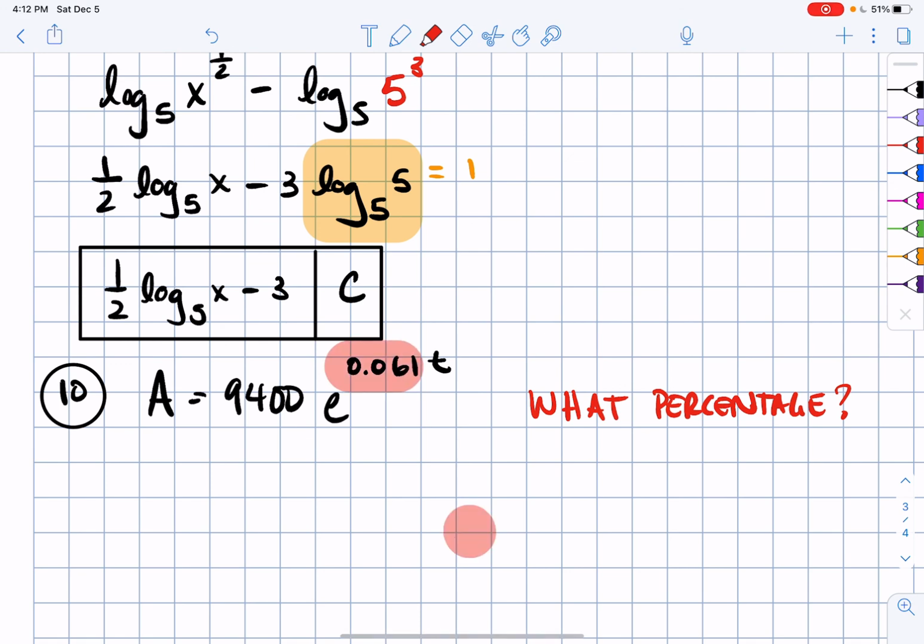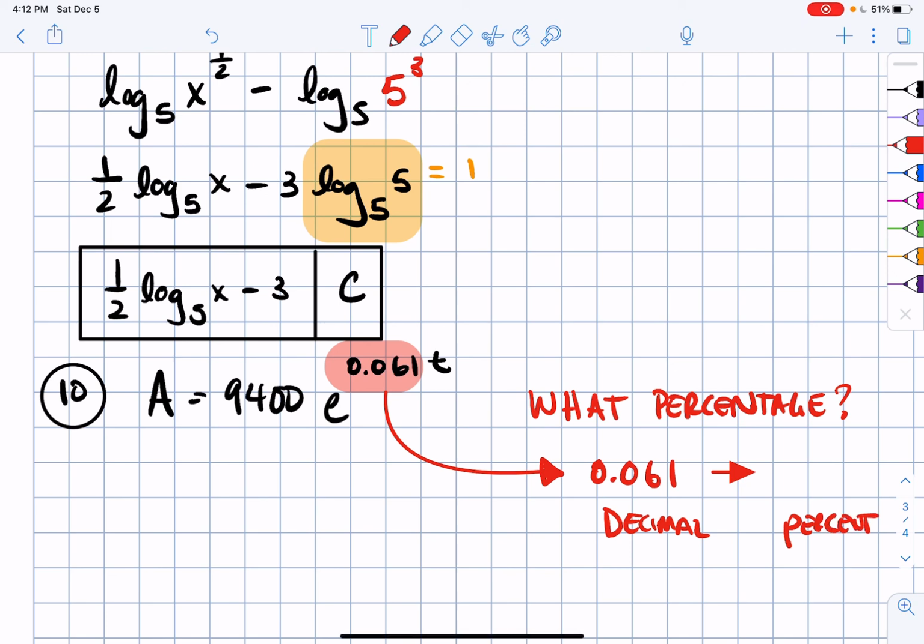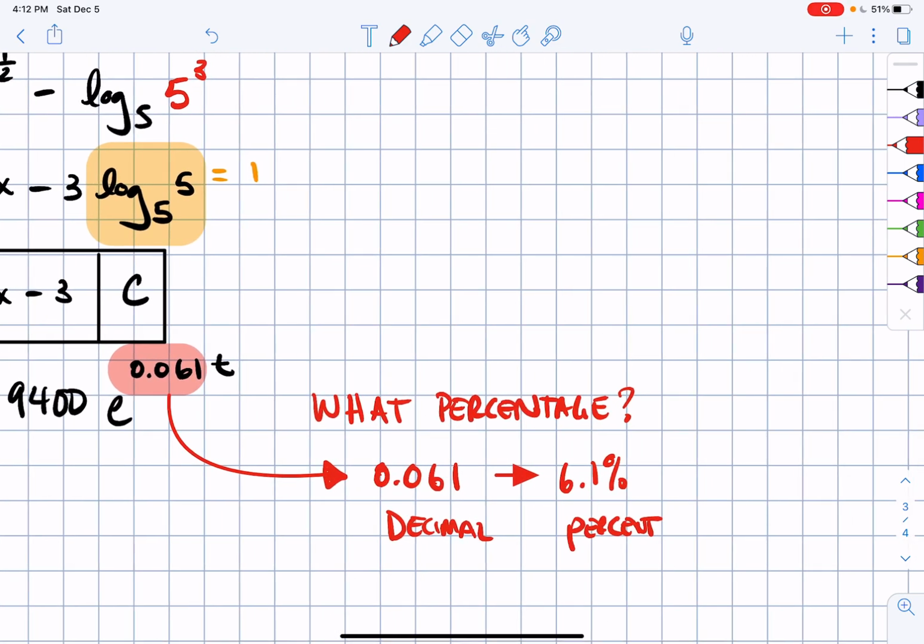Okay, so all you have to do is take that 0.061, which is your decimal form, and convert it to percent, which is move the decimal place 2 times to the right, so you get 6.1%, which is choice D.